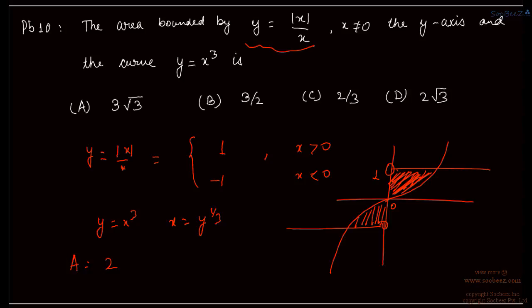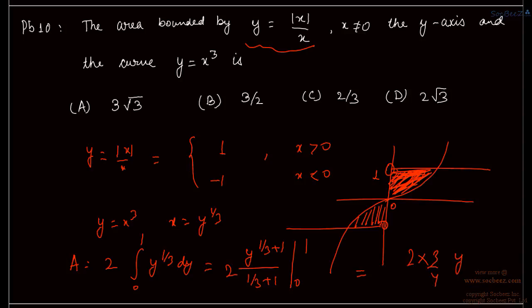So we have 2 times the integral of y to the power 1 by 3 dy from 0 to 1, which is equal to 2 times y to the power 1 by 3 plus 1 upon 1 by 3 plus 1 from 0 to 1, which is equal to 2 times 3 by 4 y to the power 4 by 3 from 0 to 1, which is equal to 3 by 2, right? So we have 3 by 2 as our correct answer.